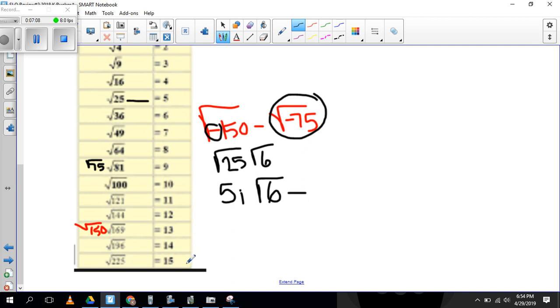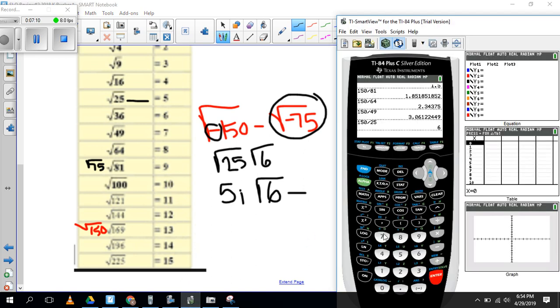So if we break up the square root of 75, remember we always go above it. 75 divided by 64, and we get a decimal. 75 divided by 49, and we get a decimal. 75 divided by 36, and we should get a decimal. 75 divided by 25, and we get 25 and 3.